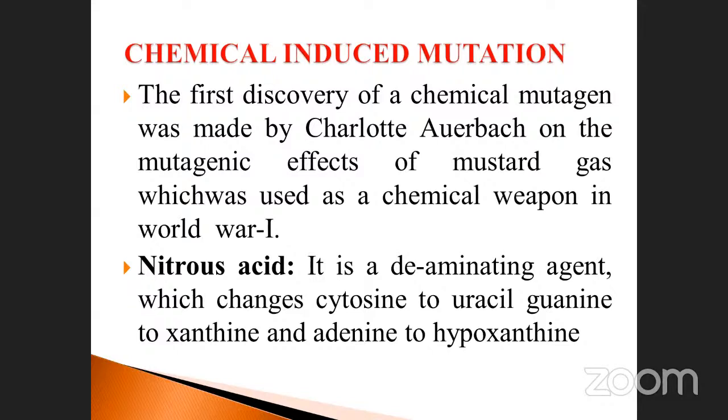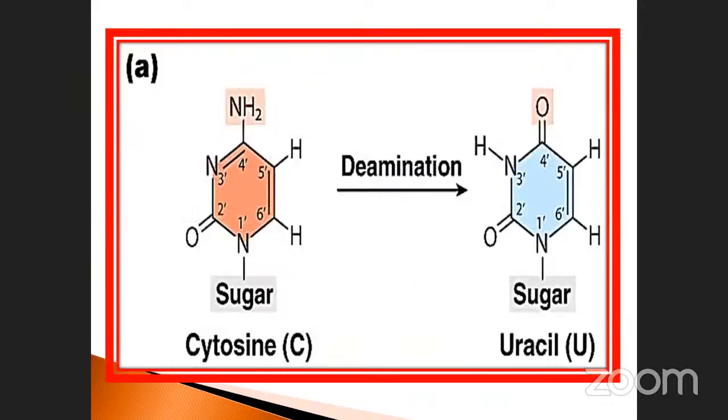Go to the next one, and these are the changes. See cytosine, this is the molecule. Deamination: the amino group is here, and this amino group is completely removed. See the next structure: only the oxygen is occupied.